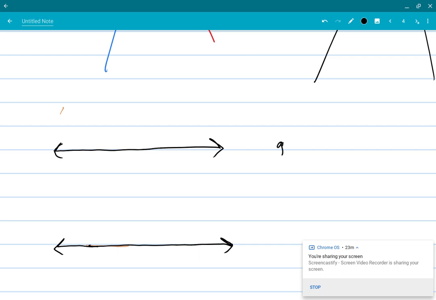Given: line L is parallel to line M. This is the symbol for parallel. This is the language of geometry. Remember, each math class has its own language.